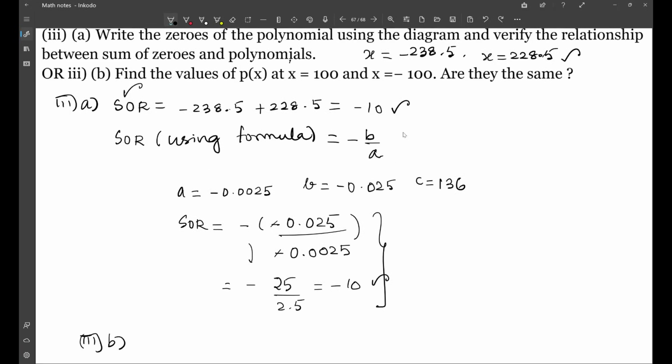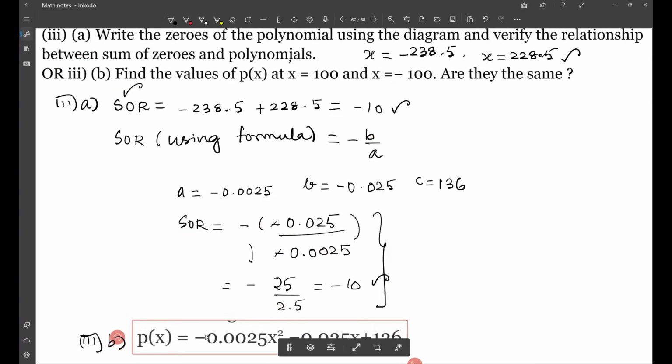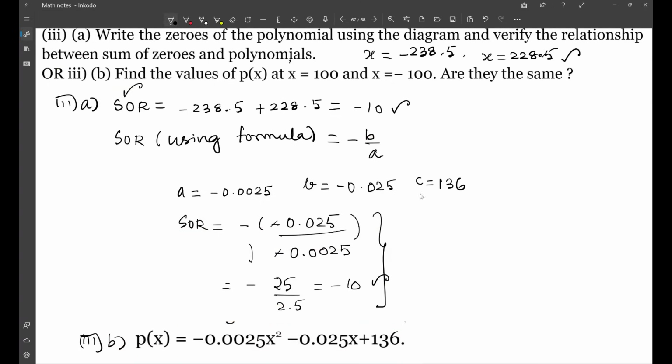The values of p of x at x is equal to 100 and x is equal to minus 100. Are they the same? Writing the p of x expression here. If x is equal to 100, so p of x becomes minus of 0.025 times of 1 followed by 4 zeros. So that would be minus 25 minus.